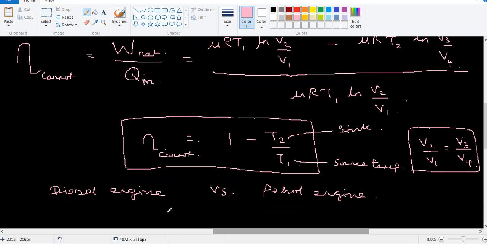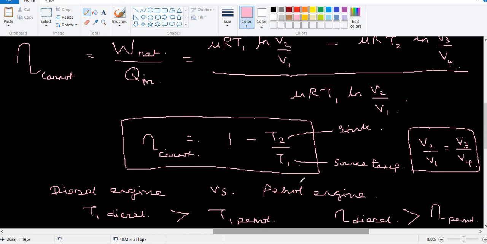But assuming all the other factors are same, T1 of diesel will be higher compared to T1 of petrol. So the efficiency of diesel will be greater than the efficiency of petrol. If you substitute a number here, you will understand this.